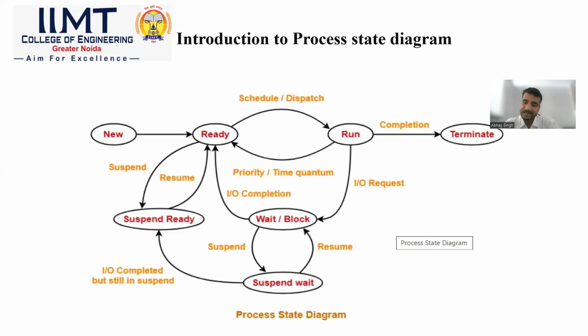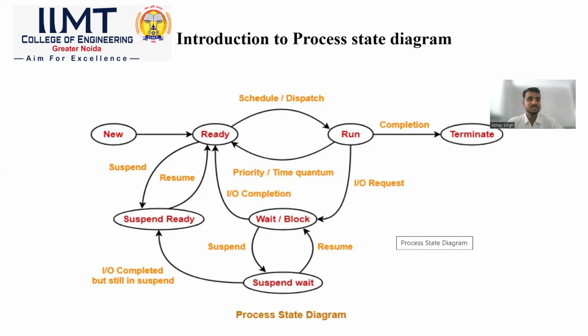The number of processes present in the main memory at a time is called the degree of multiprogramming.